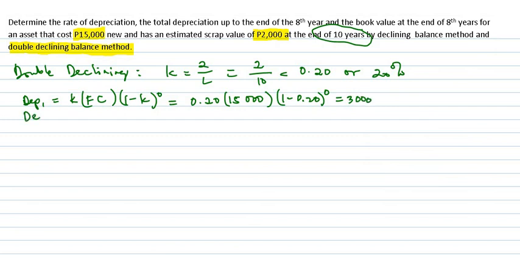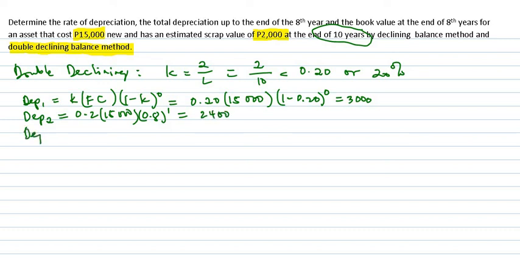On the second year of its depreciation, we have 0.2 times 15,000 multiplied by 1 minus 0.2, that is 0.8, raised to 1. So equivalent to 2,400.